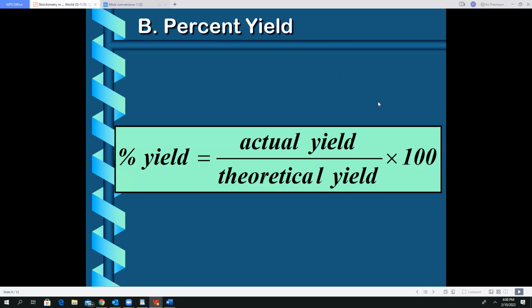You have the percent yield, which is, I don't know if you guys ever watched Breaking Bad. That was a TV show. And the guy always claimed that his percent yield was 99.99999, which is ridiculous, especially in organic chemistry. He was always making crystal meth.